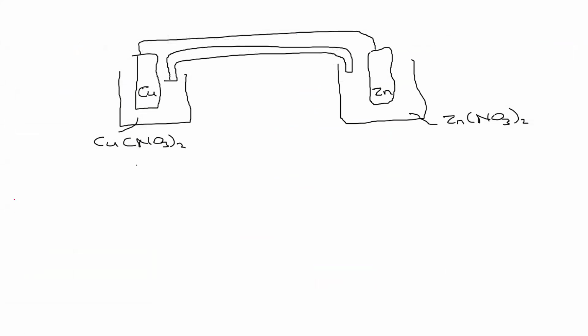we saw that zinc is like this. It was Zn 2+, exactly like this. Then for zinc, the potential is minus 0.76. And for copper, what did we get?